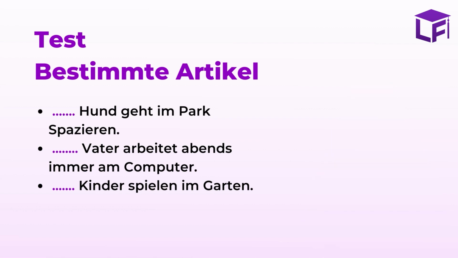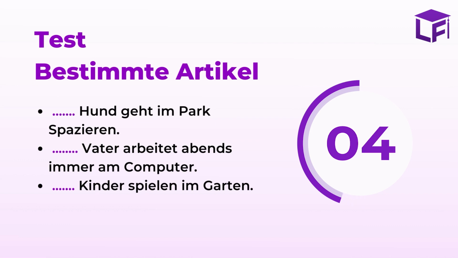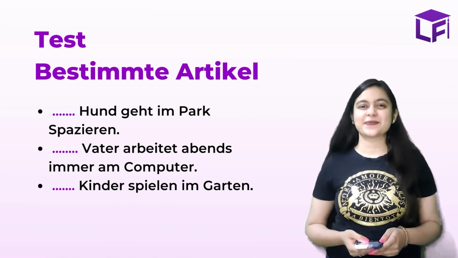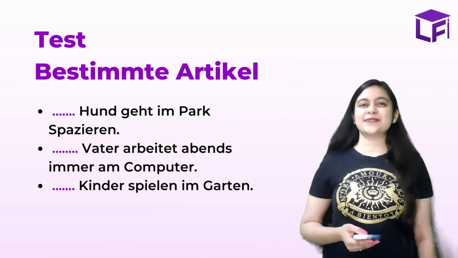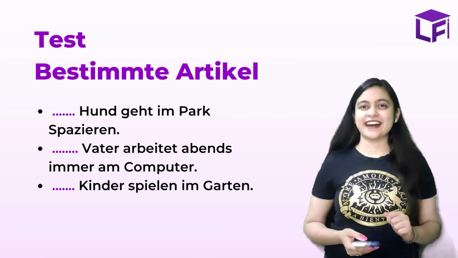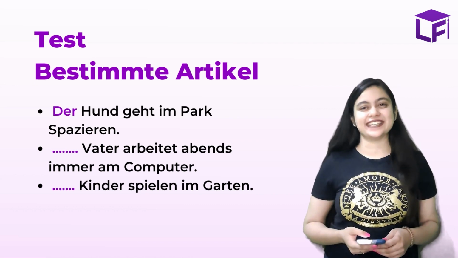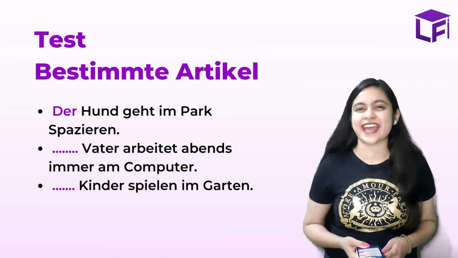Time starts now. Alright, stop. Time's up. So, did you get the correct answer? Absolutely correct. The answer for the first question is der. Der Hund geht im Park spazieren. Congratulations to those who got this correct.